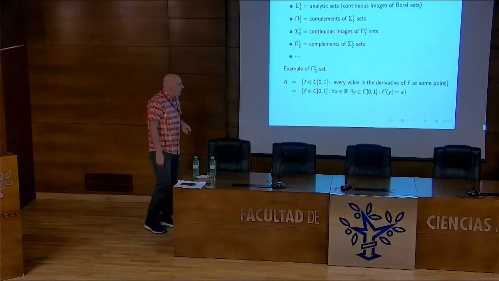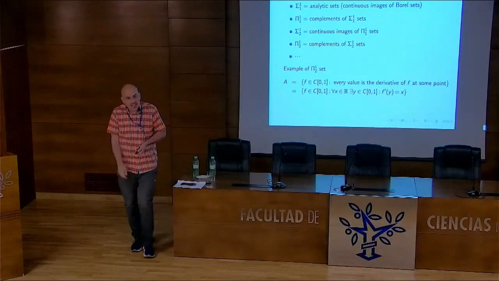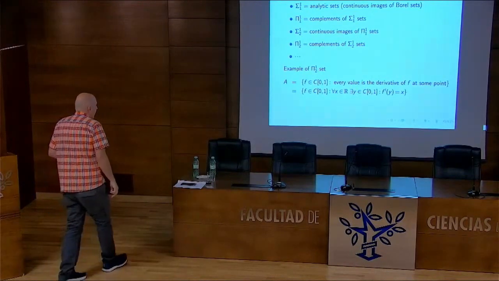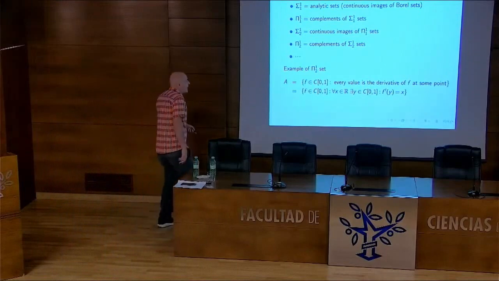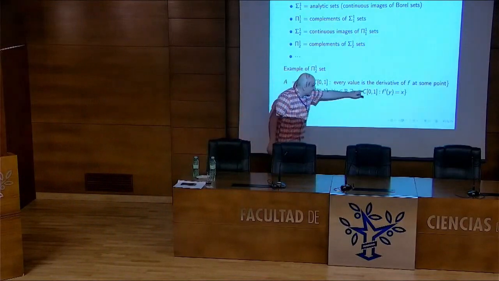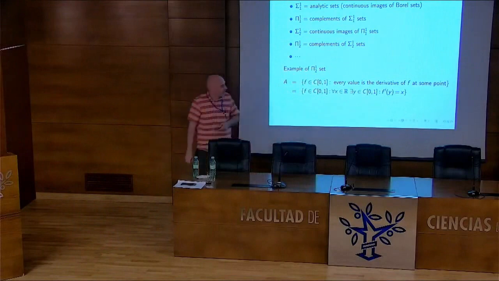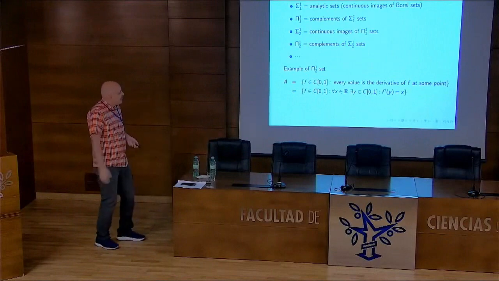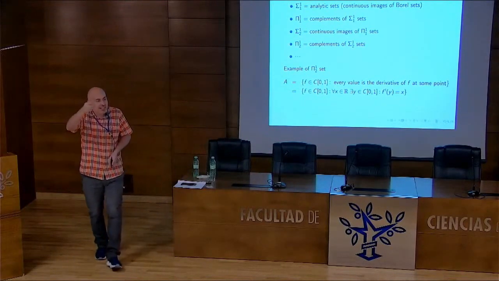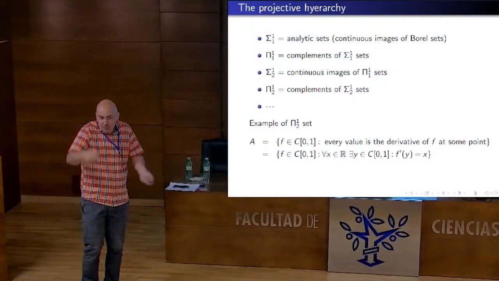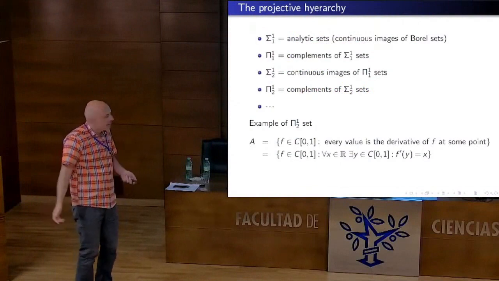Because if I transform the English language into formal logic language, I have to write the set of functions f such that for every real number x, there is a y in the interval 0 1 so that f prime at y is x. And f prime of y equals x is a limit condition: for every epsilon, and epsilon can be taken rational, so these are countable quantifiers, a Borel condition.